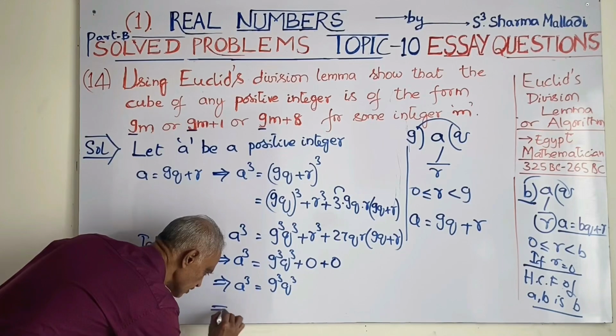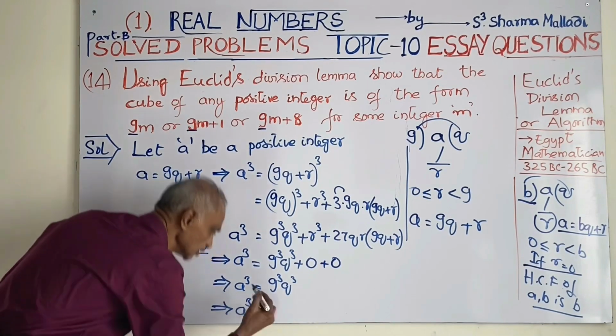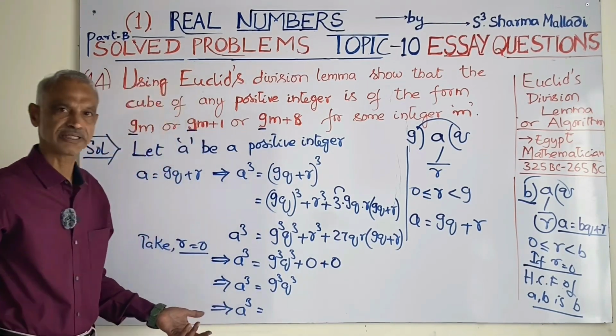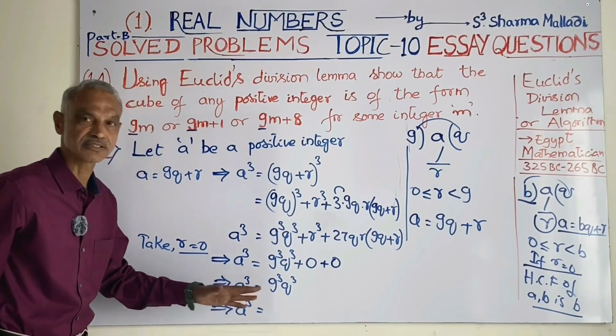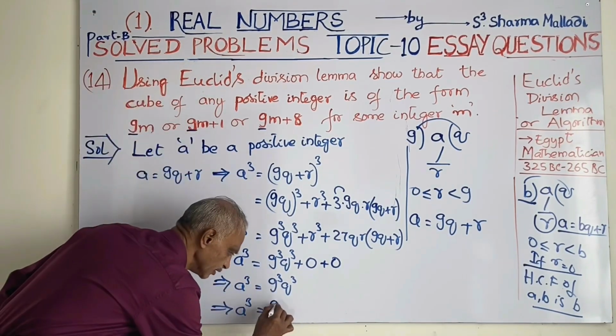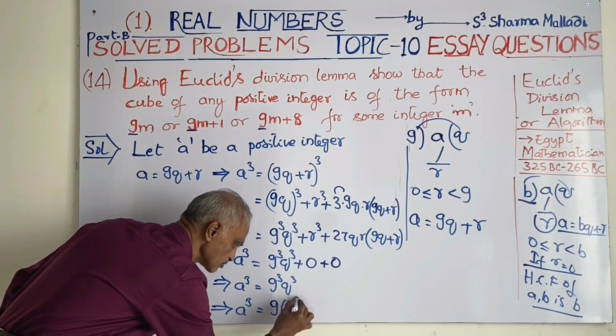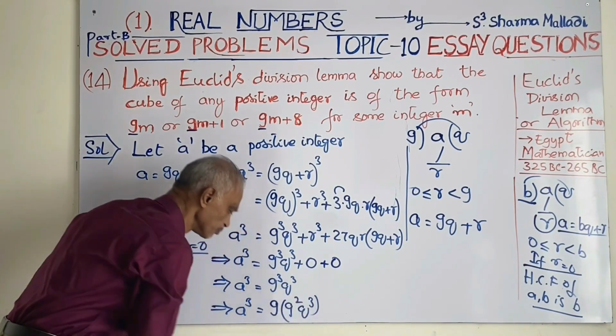It can be written as 9m. You write 9 into 9 square into q cube.